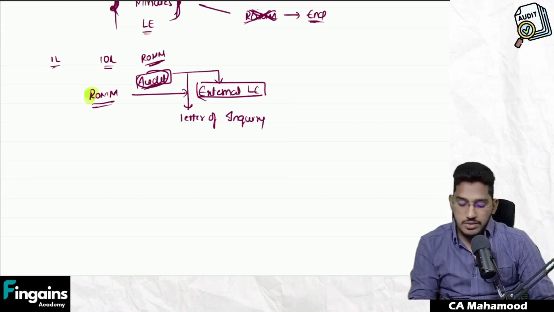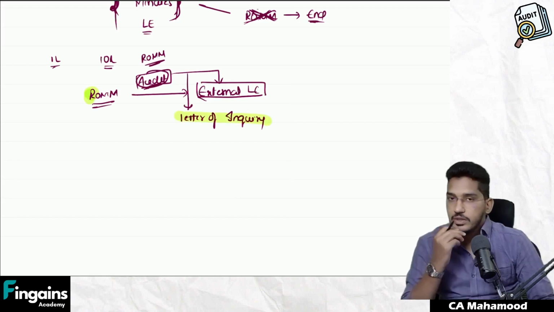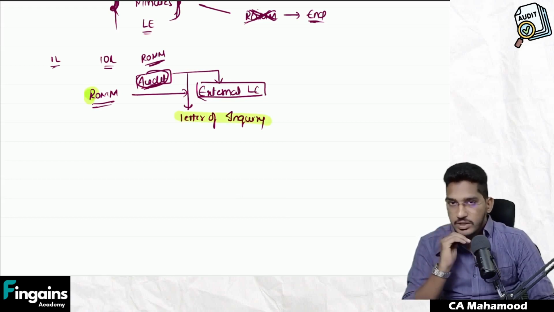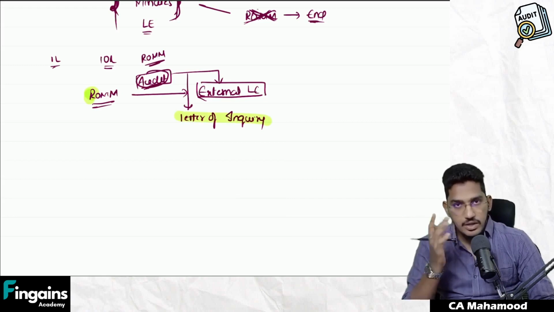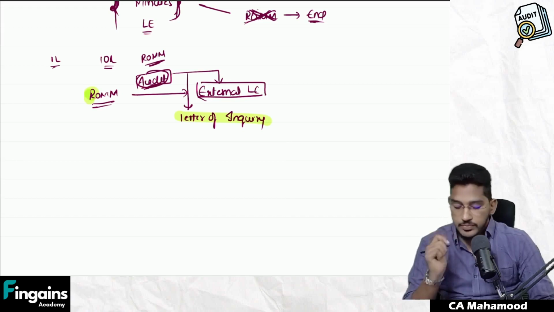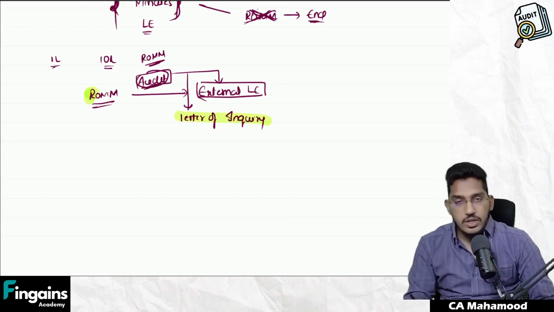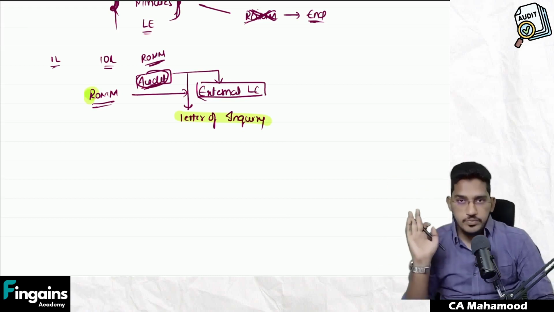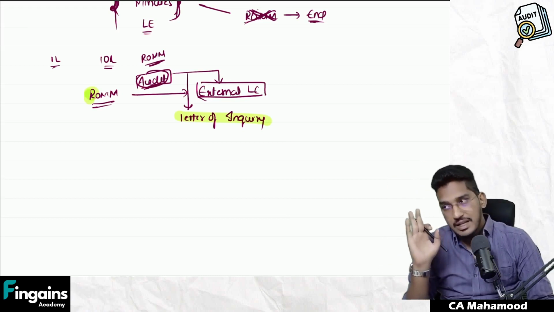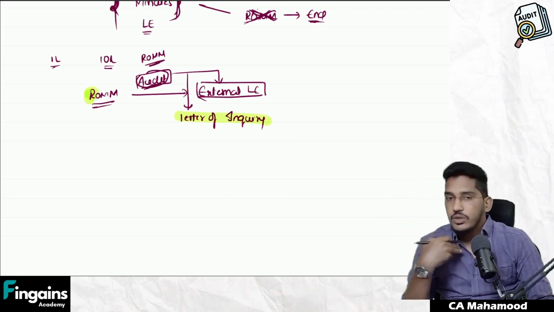But if you observe carefully, there is a problem here. The problem is, as an auditor, you will not have complete details regarding the entity's external legal counsel. Why, sir? As an auditor, you will only know who that external lawyer is. The name of the external lawyer only you will know.